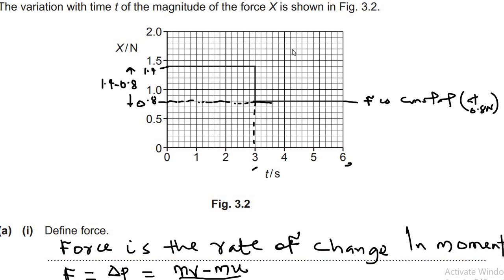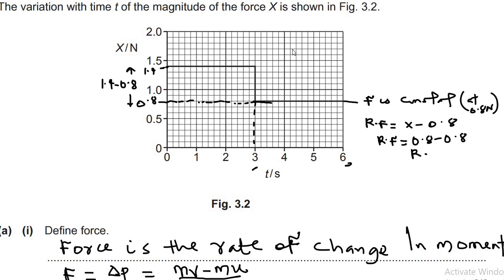So since force is constant, remember that our resultant force is x minus 0.8 on the object. In this case, our force here is 0.8 minus 0.8.